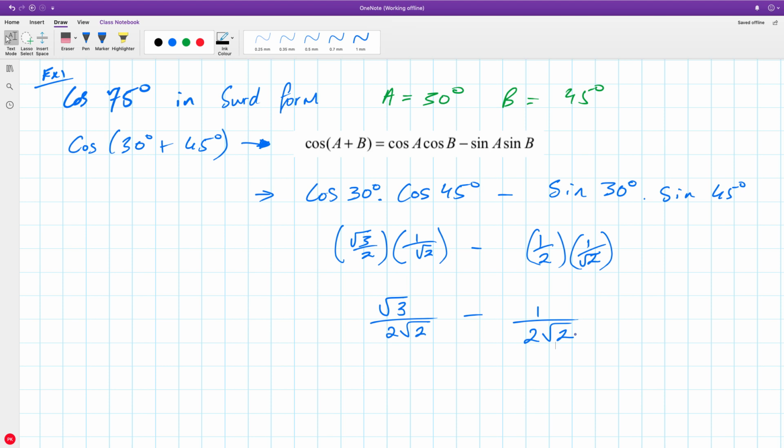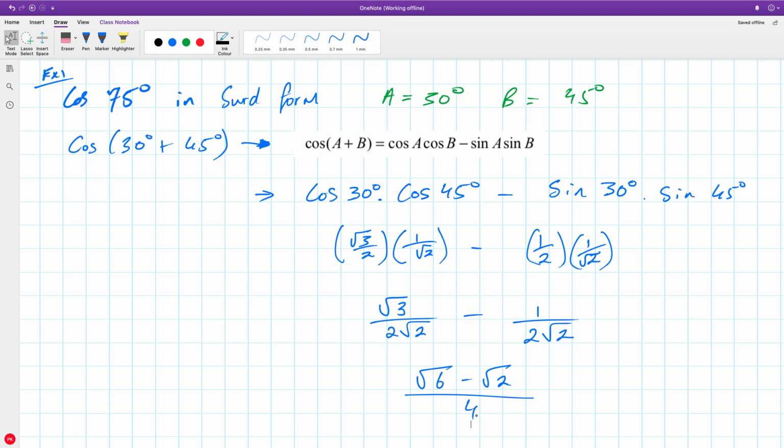Straight into your calculator then. Root 3 over 2 root 2 minus 1 over 2 root 2 leaves you with root 6 minus root 2 over 4.